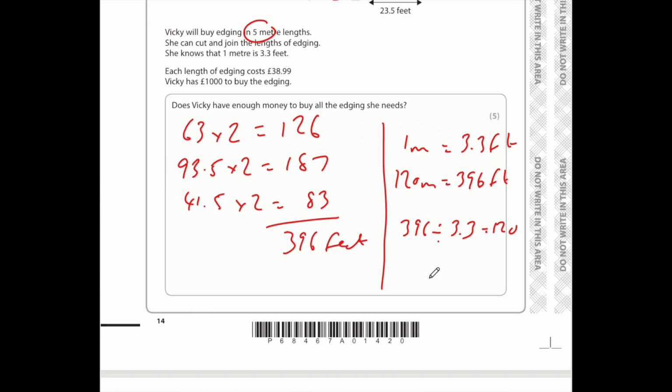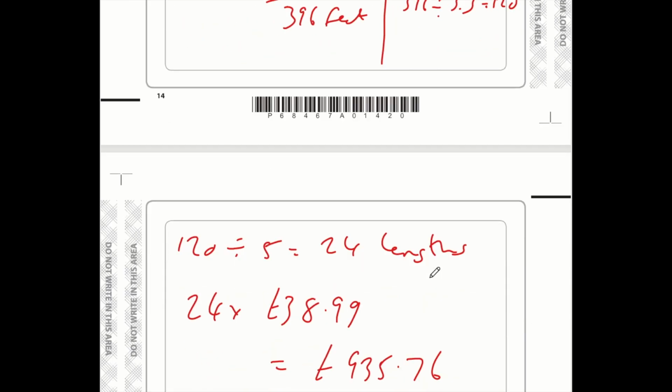What was the question? Vicky has £1,000. Does Vicky have enough money to buy all the edging she needs? Yes, as the 935.76 is less than £1,000.